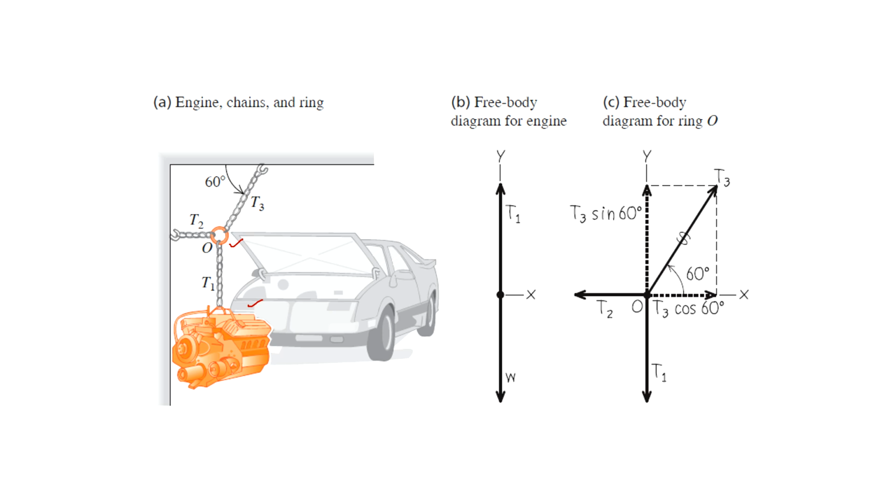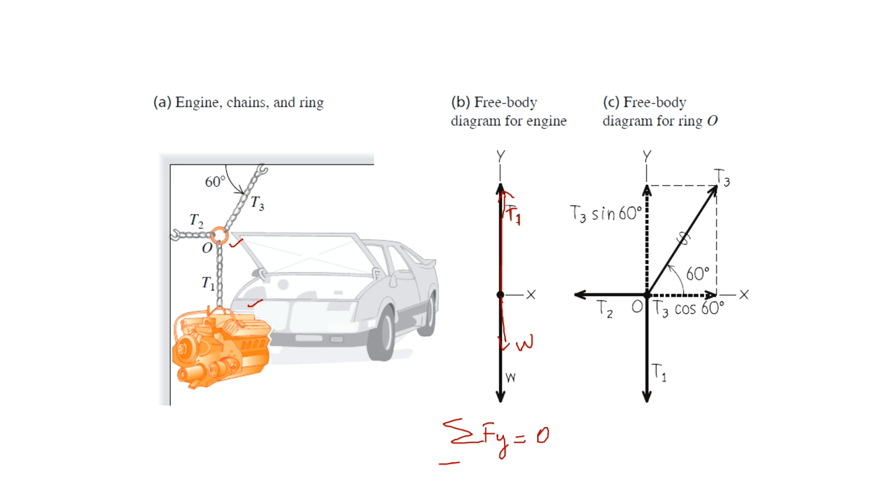So there are two forces acting on this car engine. One is the weight of the car engine acting downwards, which is given by W, and an equal and opposite tension force that is applied by this chain, T1. It is acting upward. The engine is in equilibrium because the sum of all the forces acting along the y direction on this engine sums to 0.